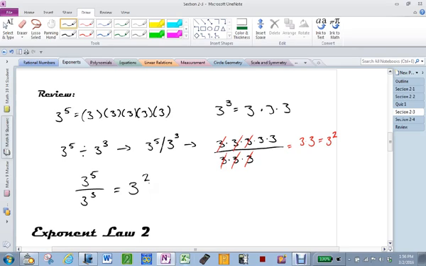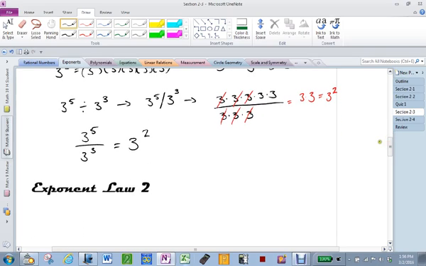You just subtract. So this is what we call a quotient of powers. Okay? Now, how do we write that? It is x to the a divided by x to the b and all the versions of that.